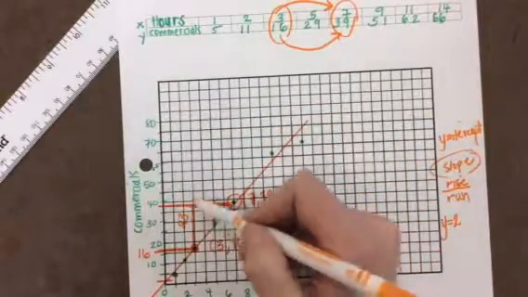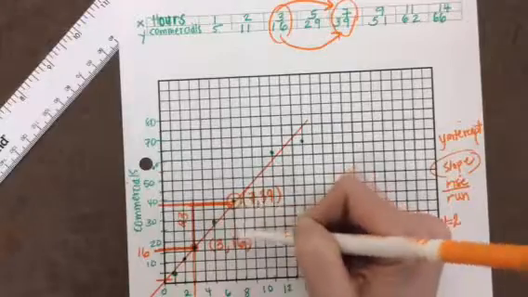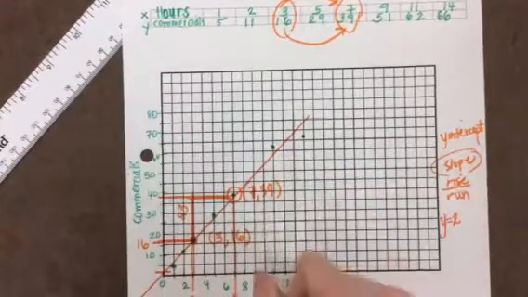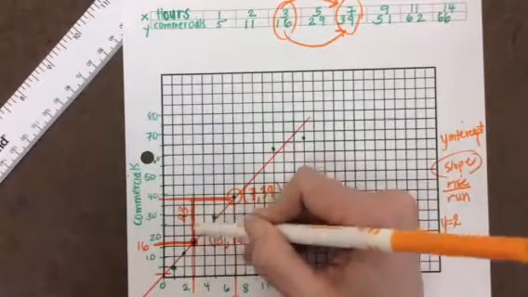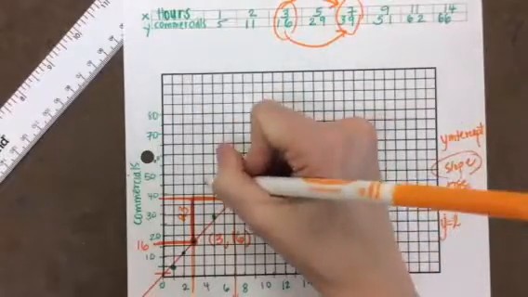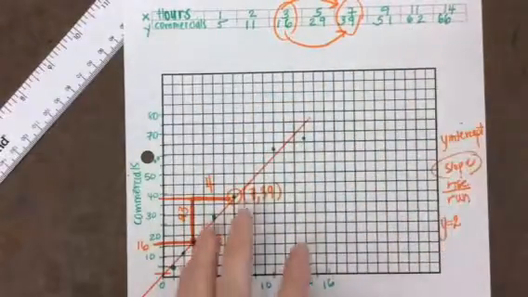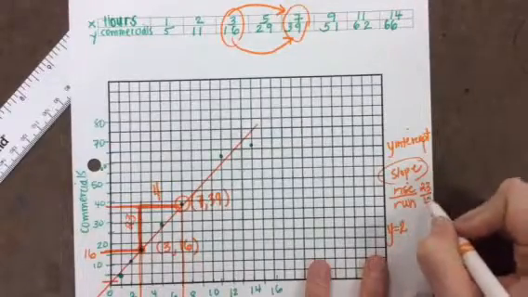That's from 3 hours to 7 hours. So I'm going up 23 commercials. There were 23 commercials in a time span of 4 hours. So I can say that there were 23 commercials for 4 hours.